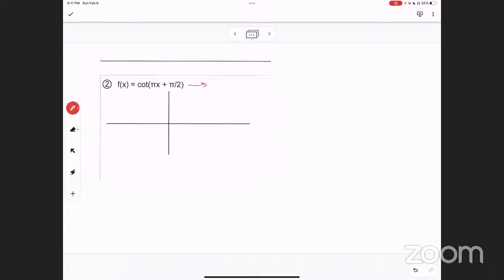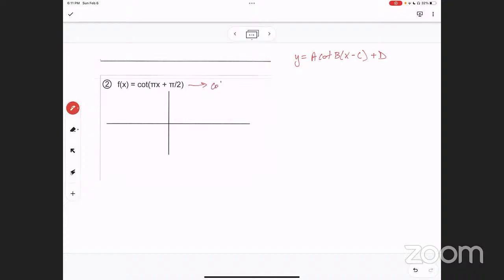I always like to write them in the form y equals a cotangent of b times x plus or minus c plus or minus d. See how they didn't write it that way? They have this inside here. So my strong recommendation is you learn how to just factor that out.